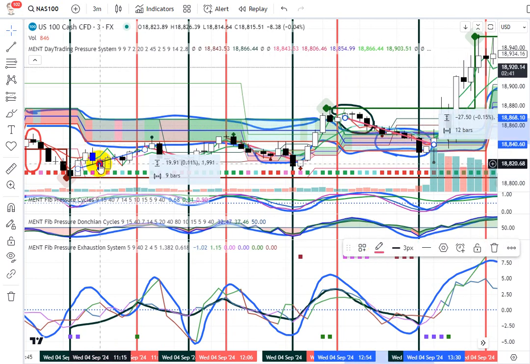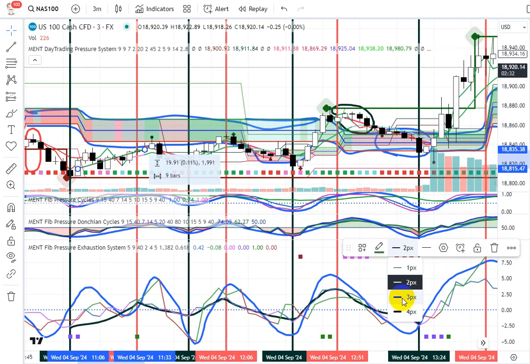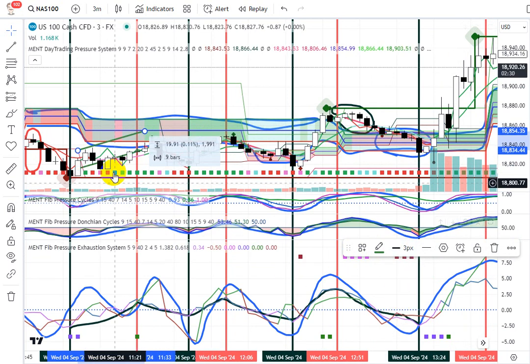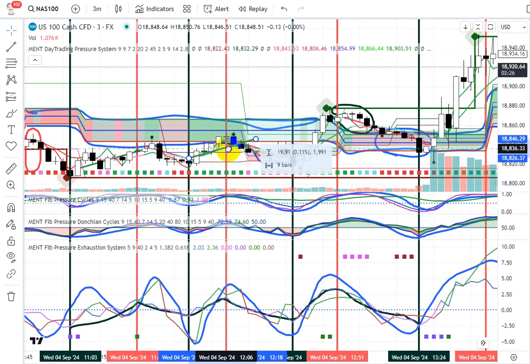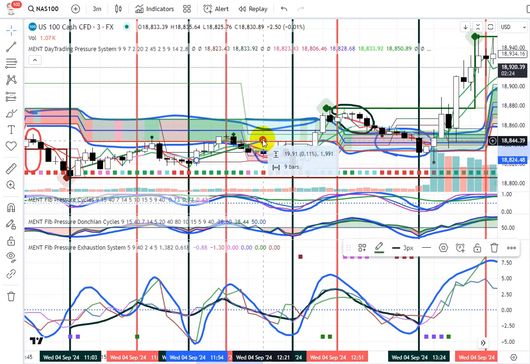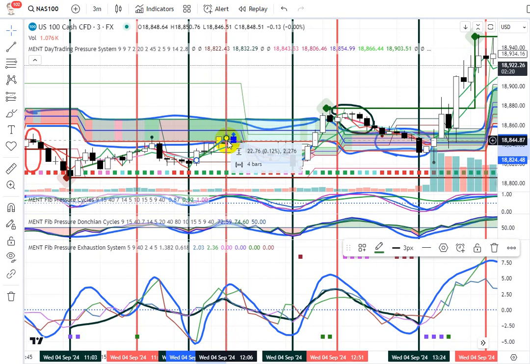And then another cycle rotation right here, assuming you get in here and you got out over here, 27 points. Then we have this one, make this a nice bright greenish blue. Make it a little thicker. Control C, V. Now remember, this is a 3-minute QQQ chart. Okay, so assuming you got in somewhere over here, got out somewhere over here, 22 points to the upside.